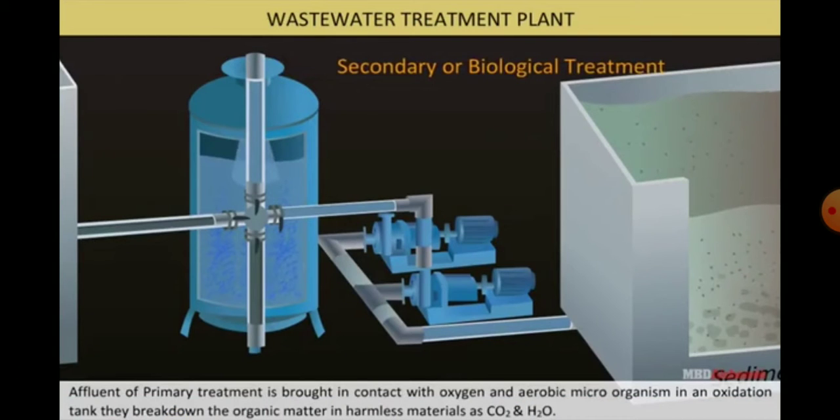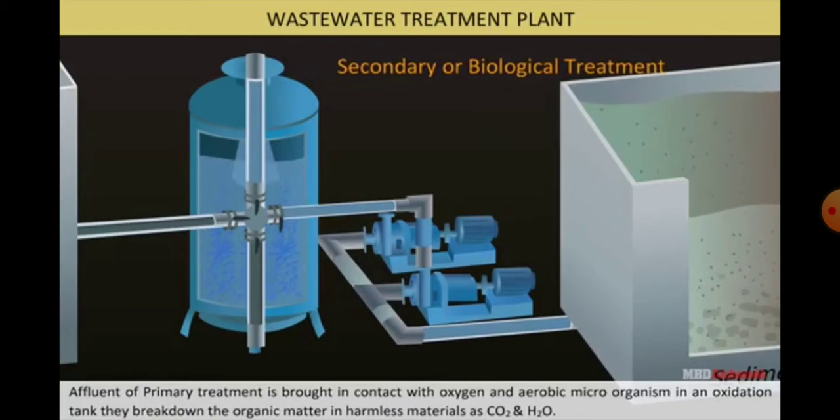As you can see here, the effluent of primary treatment is brought in contact with oxygen and aerobic microorganisms in an oxidation tank, and they break down the organic matter into harmless material like carbon dioxide and water.